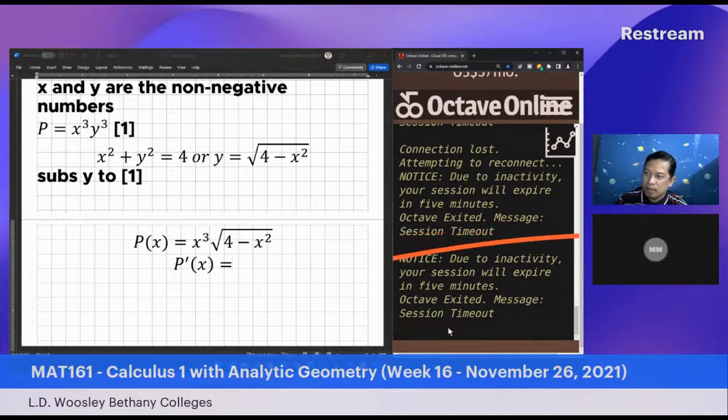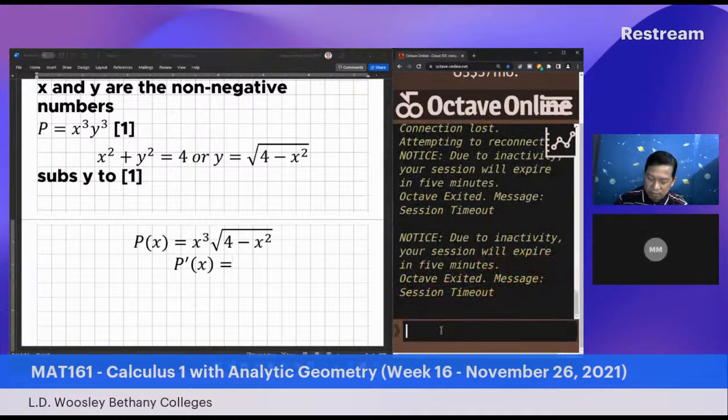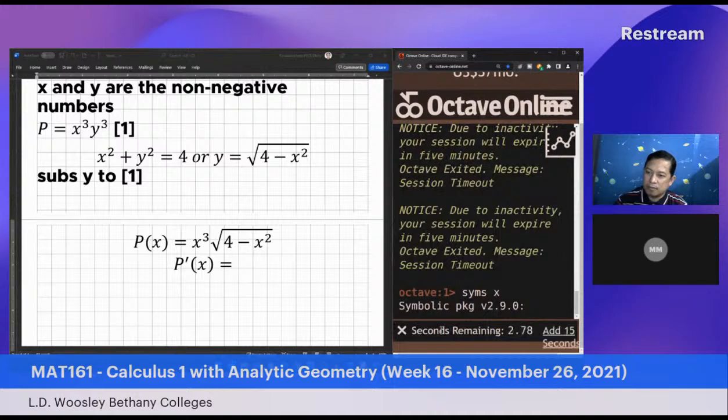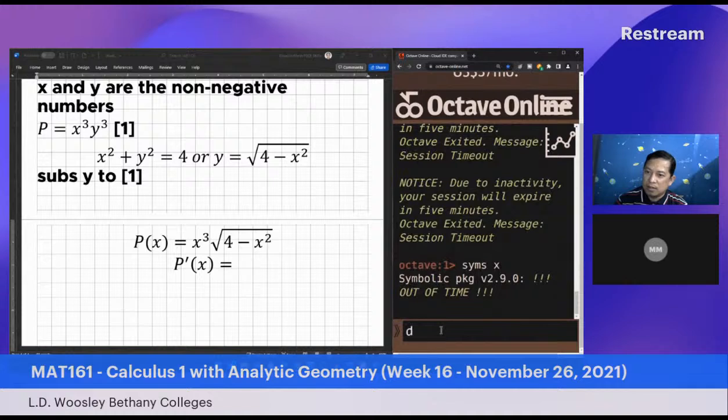Okay, we'll ask the help of our Octave, no? Octave, because na ano rin ito eh. Naku, out of time. Ang bihira naman yun. Ulit.